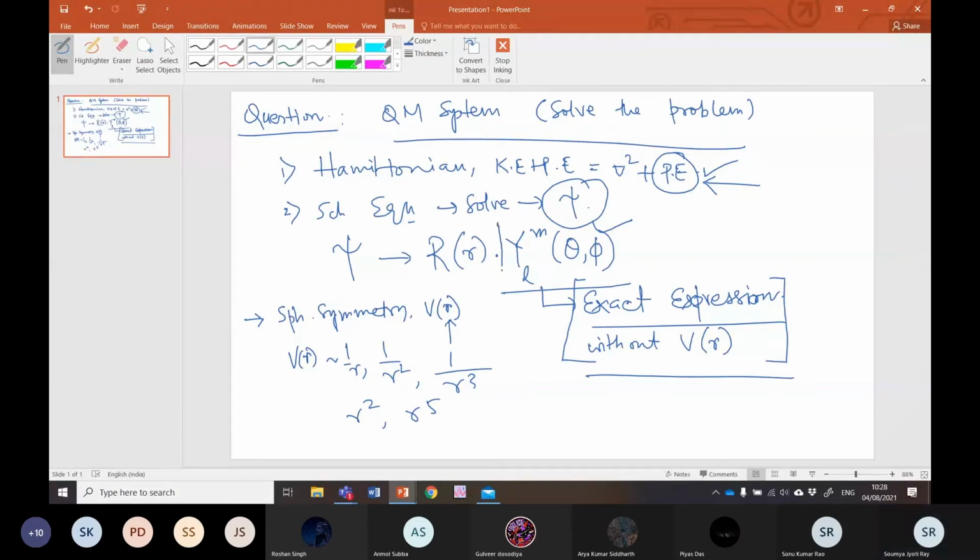Now this is a trick question: in any exam, if the potential expression is not given and still you are asked to write down the azimuthal part, or the angular part, of the wave function, what will be the answer?